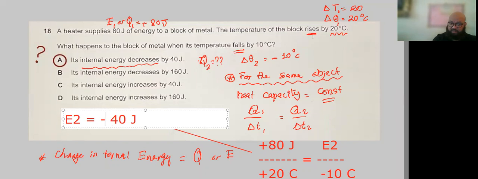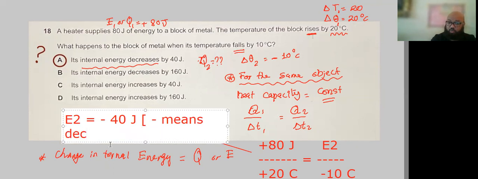Negative, this sign, means decrease, okay? And the 40 is the size. So here we put in mind that negative means decrease or removed energy, meaning decrease in internal energy.